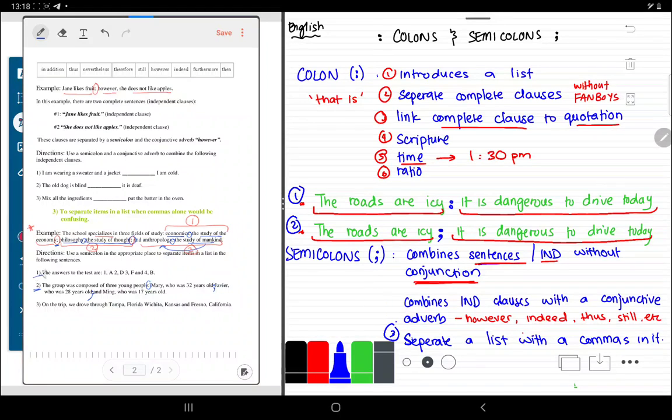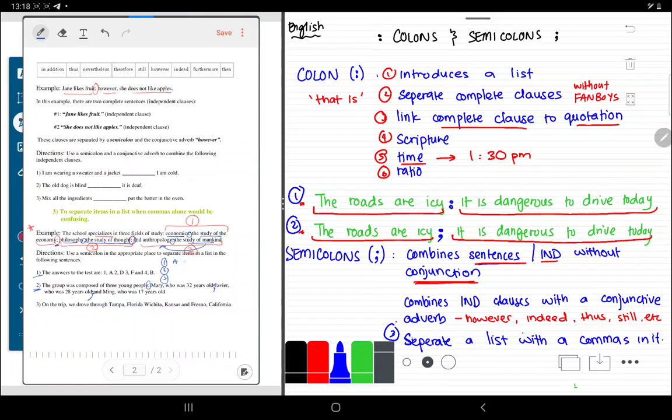If we were to do "the answers to the test are": 1, and then you have A, and then you have 2, comma, D, then you have 3, comma, F, and 4, B. If you want to think about this, you have a test with multiple choice questions, right? You have question 1, question 2, question 3, and so on.